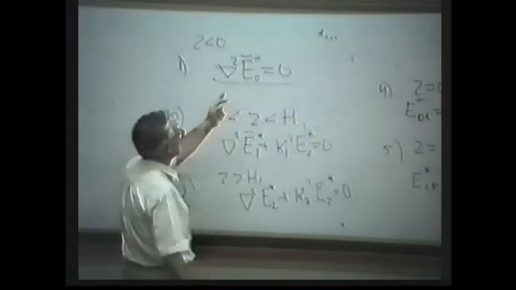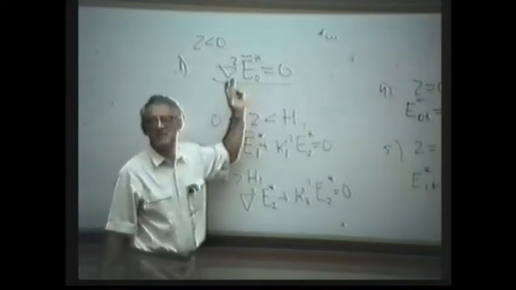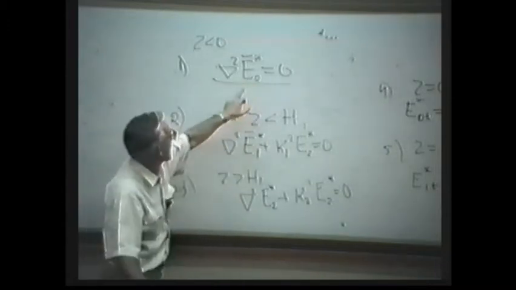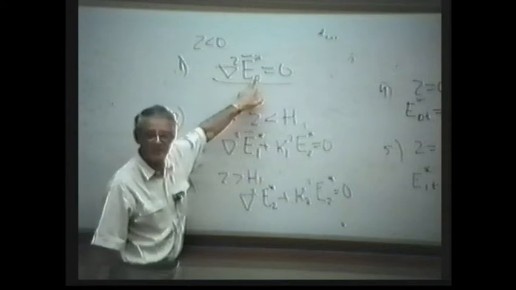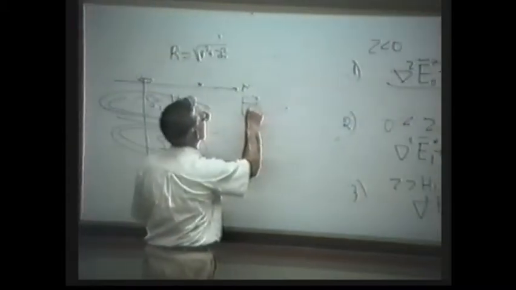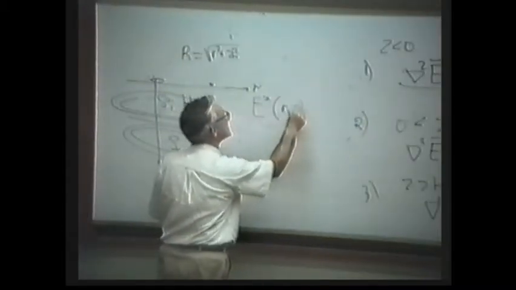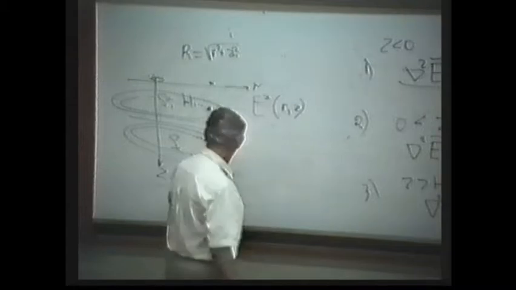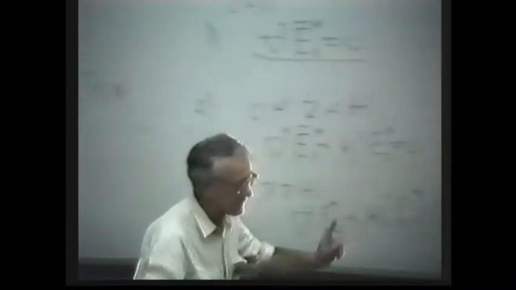When you perform separation of variables, what does it mean? Does the complex amplitude depend on time? No. It depends on two coordinates, R and Z.